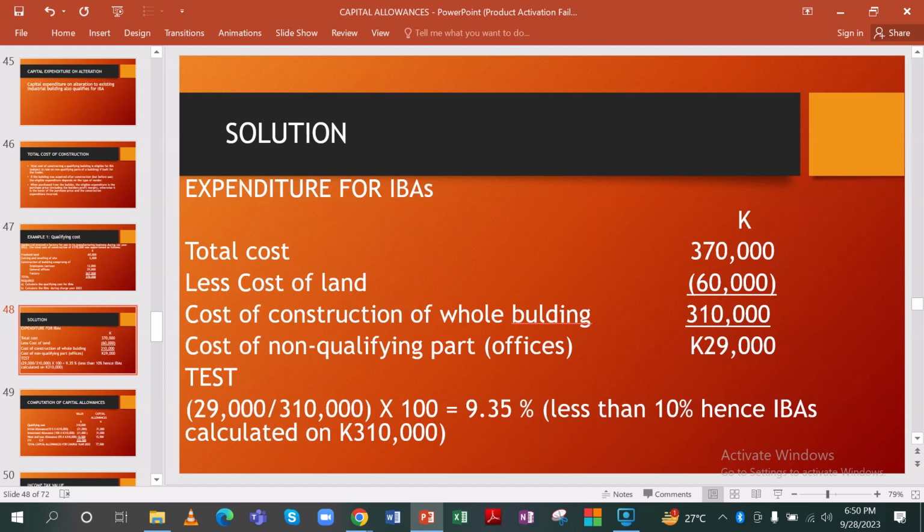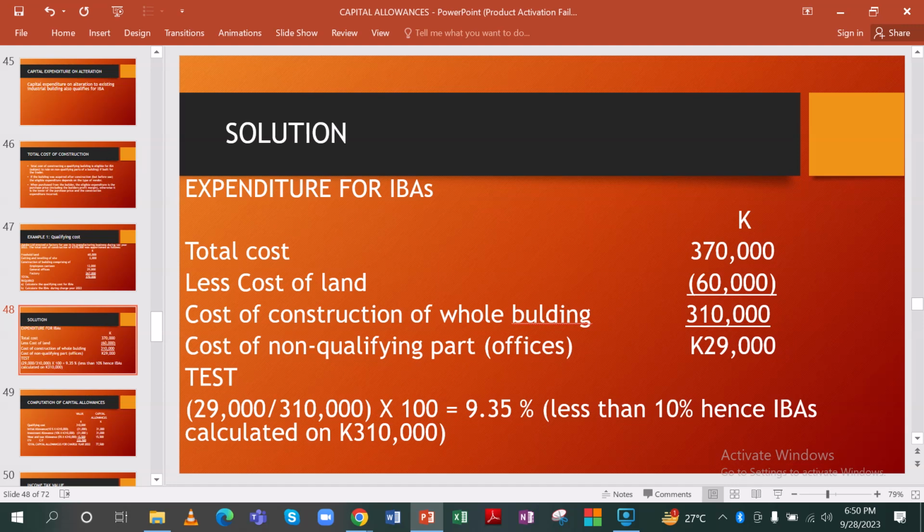So we want to compare now. We run a test: we find out whether 29,000 out of 310,000 is above 10% or not. So we do the calculation: 29,000 divided by 310 times 100, we find that is 9.35%, less than 10%.